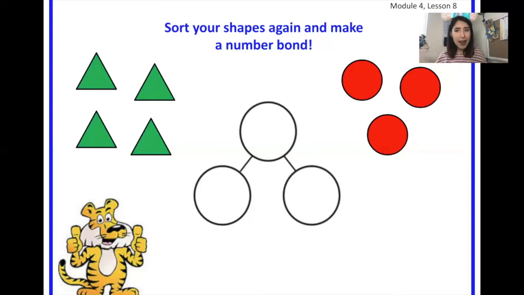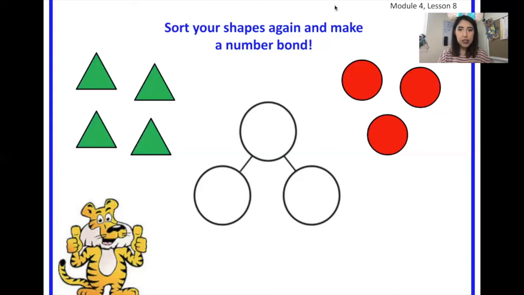How many triangles do we have? 4. And how many circles? 3. Very good. 4 and 3 make how many together? 7. Awesome.